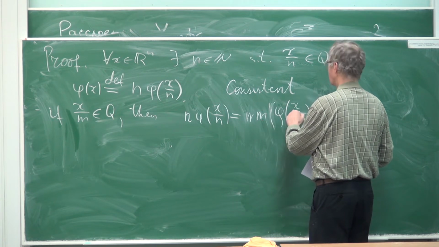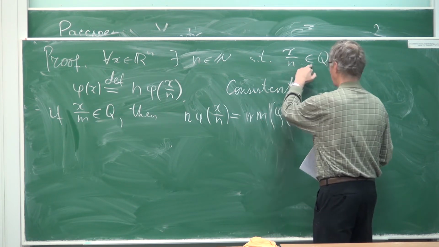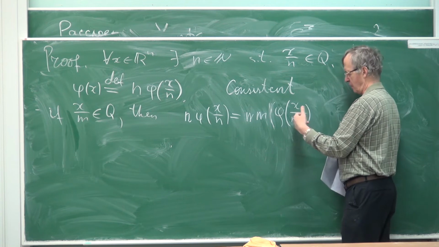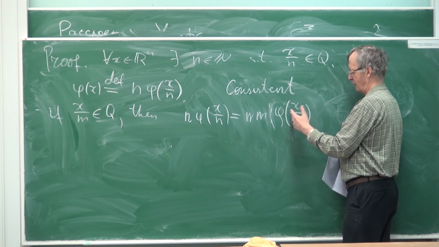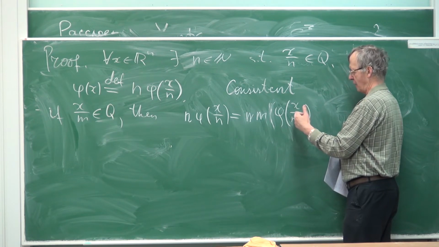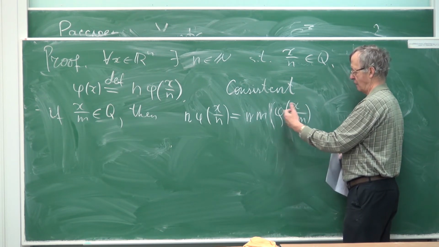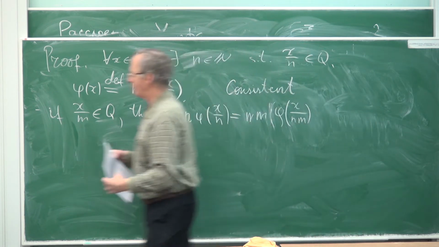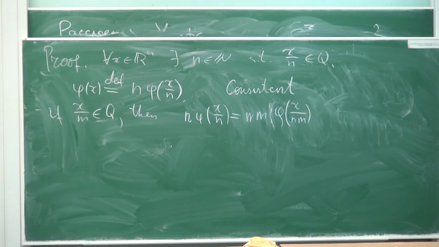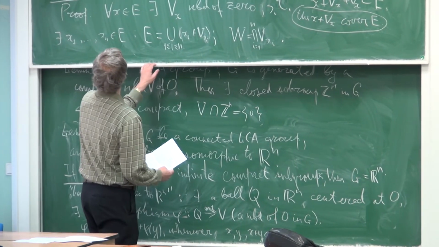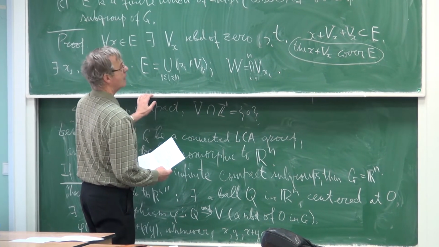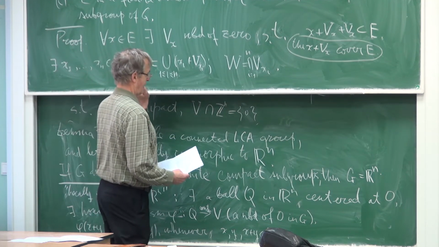If the element x over n is already in Q, so if we divide it further by something, it will be still in Q. And if we add m times this element with itself, then this additivity relation can be applied.